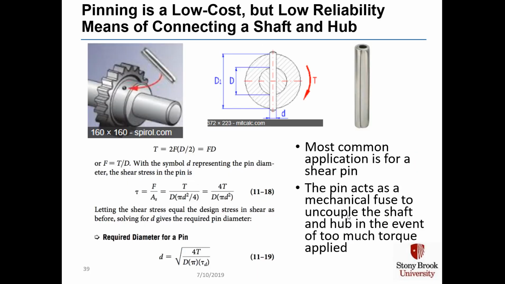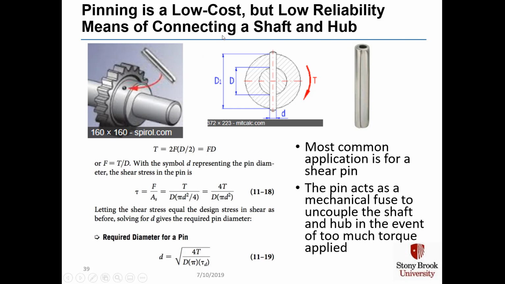Pinning is a low-cost but low-reliability means of connecting a shaft and a hub. In order to put a roll pin, such as the one shown up here in the upper right, into a pair of shafts, you drill a hole of diameter small d through and out the other side of both the shaft and the hub, shown by the section view over here.